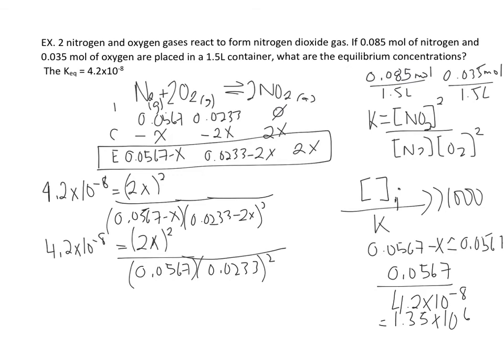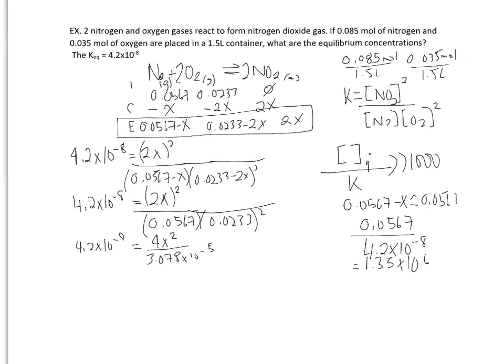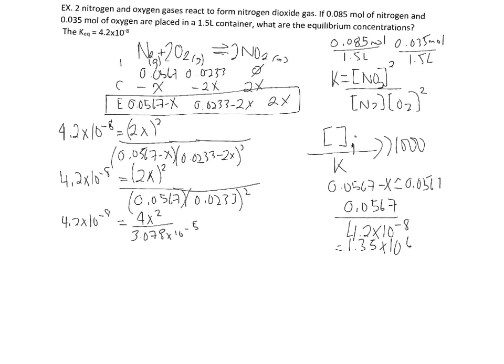So now we can simplify. So this is 4x squared over 3.078 times 10 to the negative 5. I'll just make this a bit smaller because I'm running out of room.